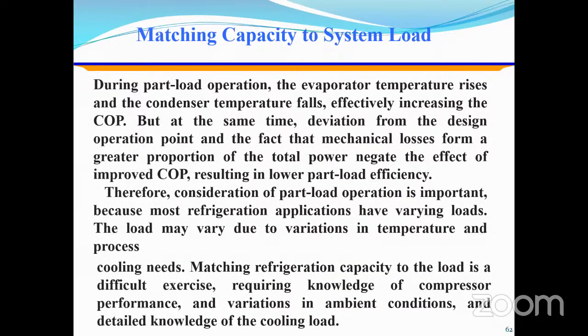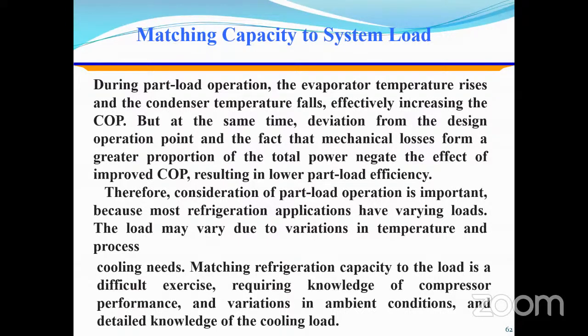Matching capacity to system load. During part load operations, the evaporator temperature rises and the condenser temperature falls, effectively increasing the COP. But at the same time, deviation from the design operation point and the fact that mechanical losses form a greater proportion of the total power negate the effect of improved COP, resulting in a lower part load efficiency.